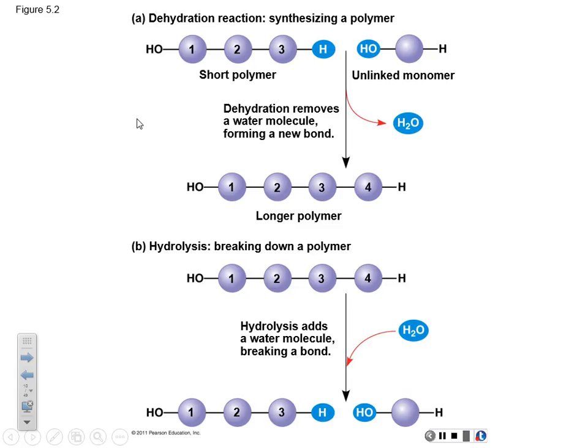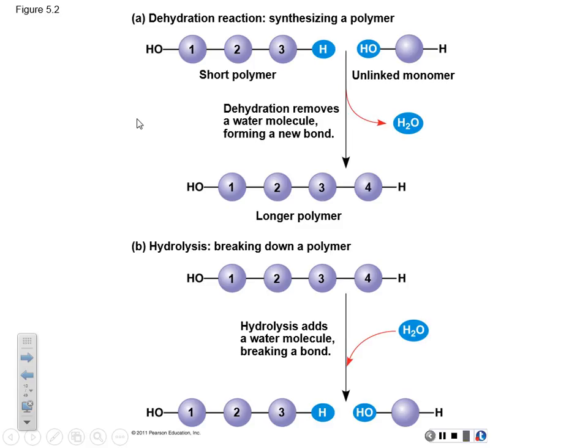Always. This is true. These dehydration reactions are true for carbohydrate polymers, they're true for lipids, they're true for proteins that are strings of amino acids, they're true for nucleic acids, for chromosomes. Whenever you bring in a monomer and add it onto a chain to make a longer polymer, that always occurs as a dehydration reaction.